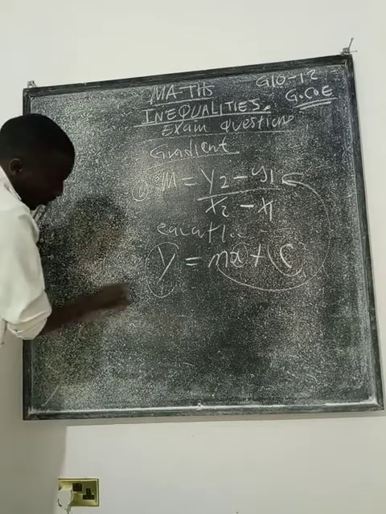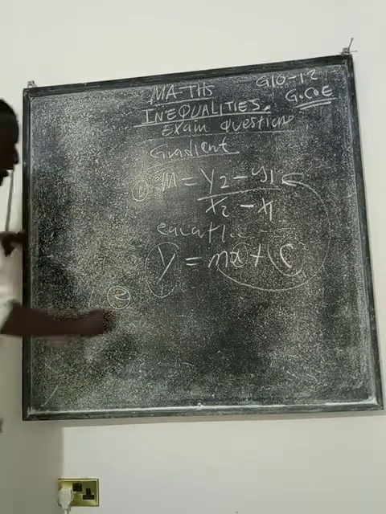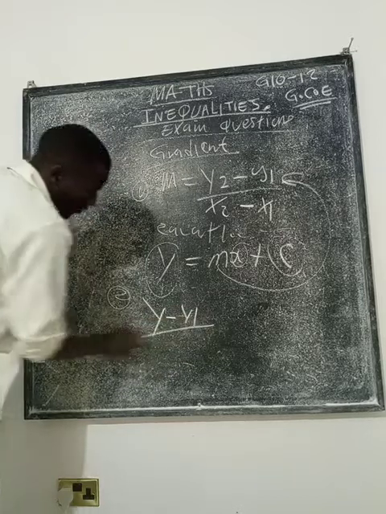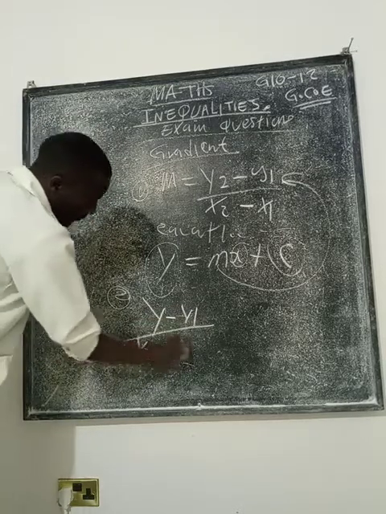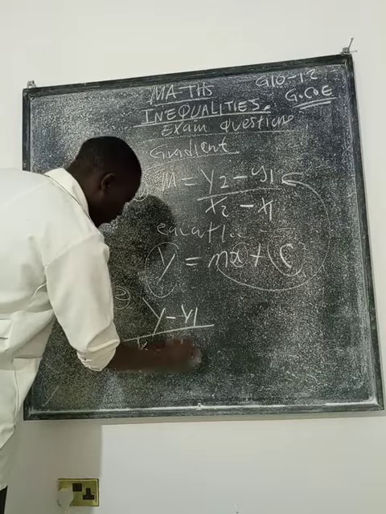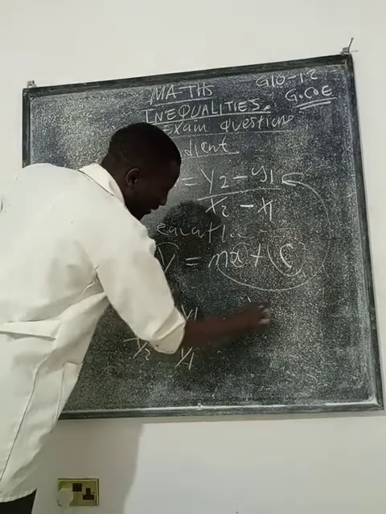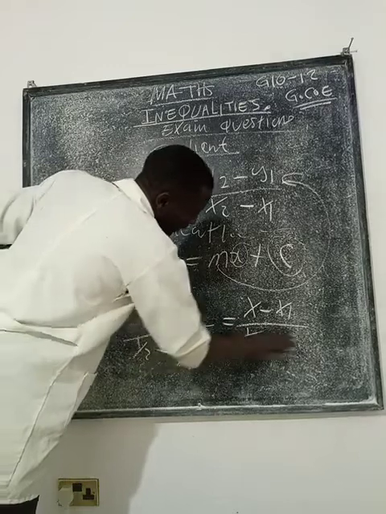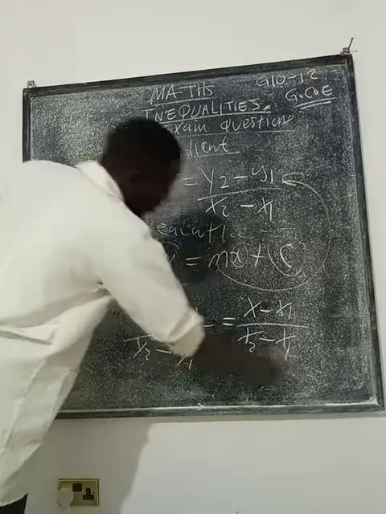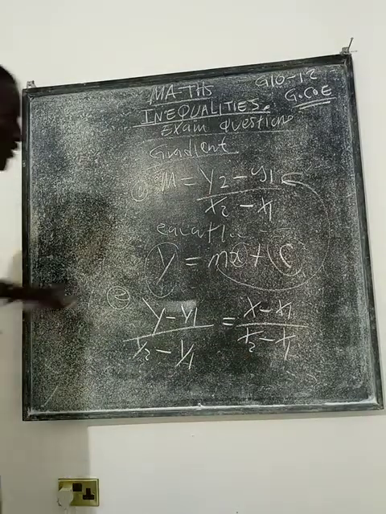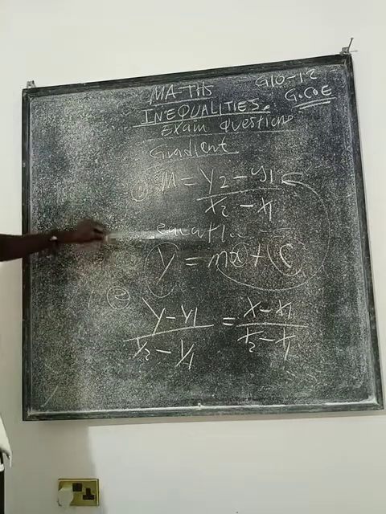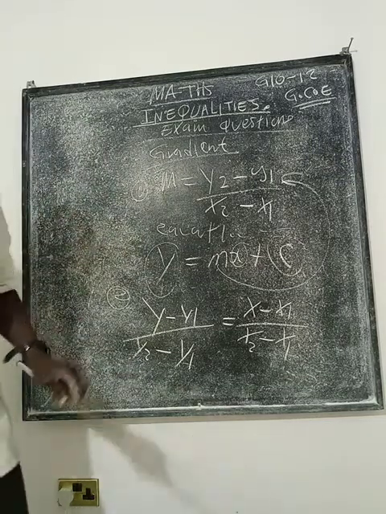You should also know this formula: y minus y1 over y2 minus y1 is equal to x minus x1 over x2 minus x1. If you don't want to use this, you can use that. Both of them are in there.